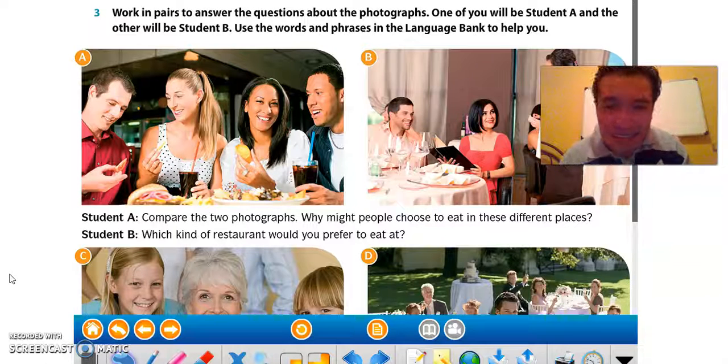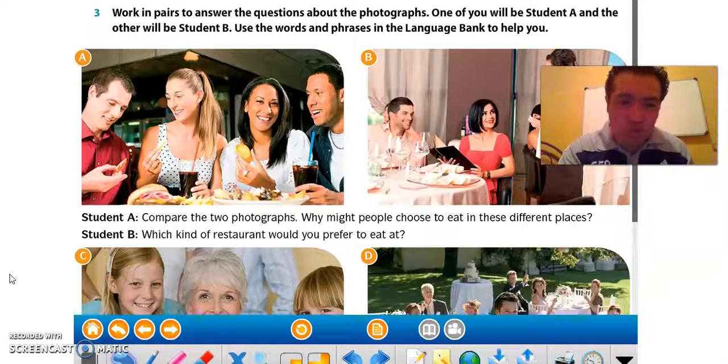Perhaps it's an anniversary, or perhaps they made a good business deal or something like that. And well, of course, this restaurant is more expensive. The attention is better. It's more formal. And of course, what are they going to eat or what are they going to order? Of course, the food is more expensive.